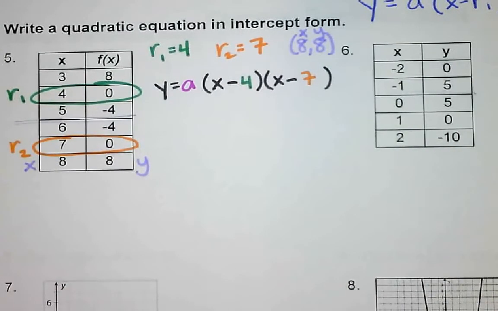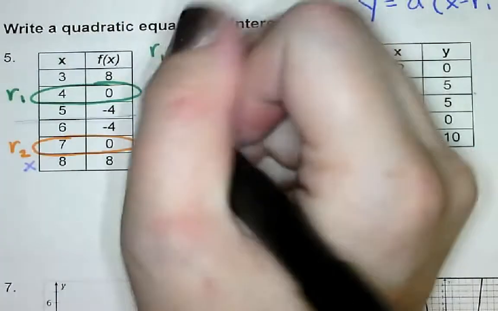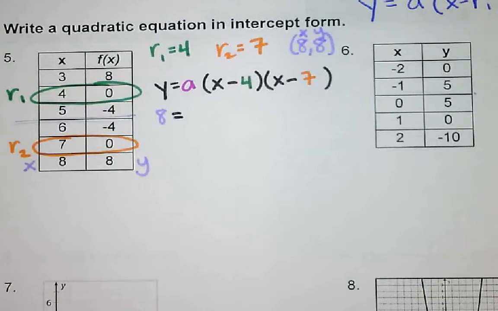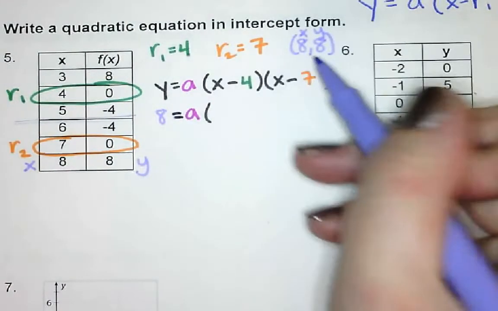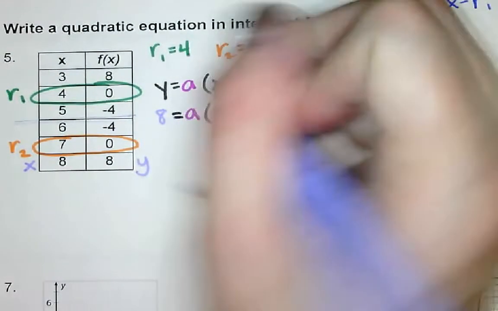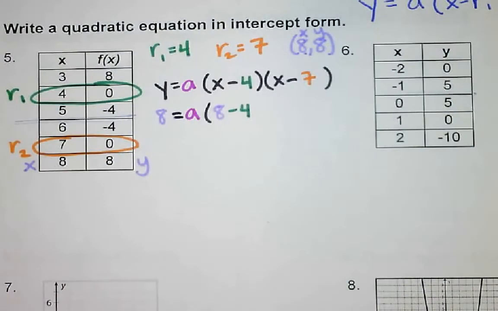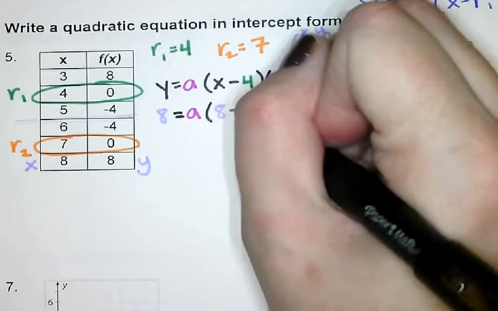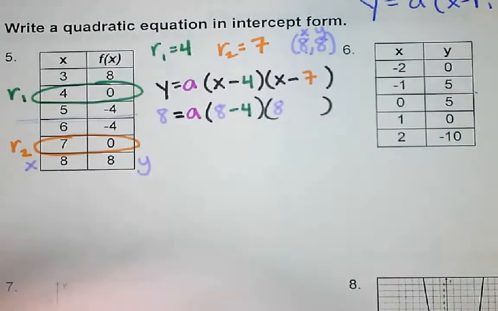So that's going to be 8 is equal to, let's see here, we don't know the a value. 8 is equal to a times, not x minus 4, but my x value here is 8 minus 4. And then we're not going to do x minus 7, but we're going to do 8 minus 7. Do y'all feel good about that? Okay, now we are just going to simplify it, right?